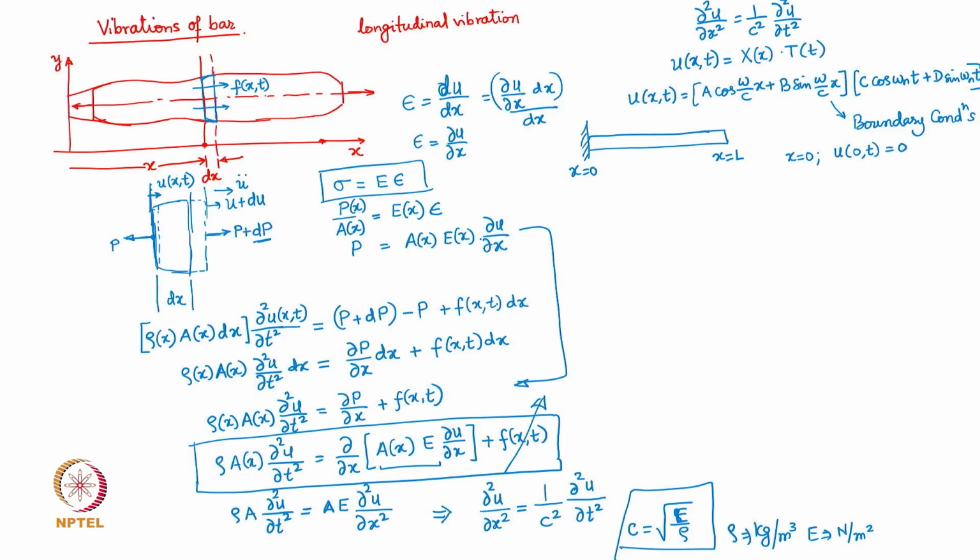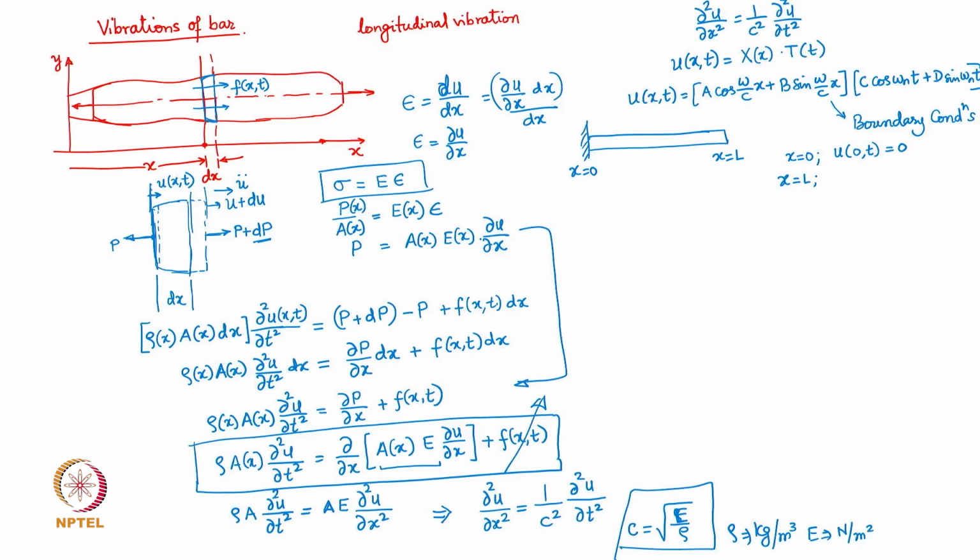The response of the bar, the stretch in the bar, the longitudinal vibratory motion at x equal to 0 is 0 at all times, right? That's your boundary condition. At x equal to L, can we say u(L, t) is equal to 0 the way we did it for the string case?